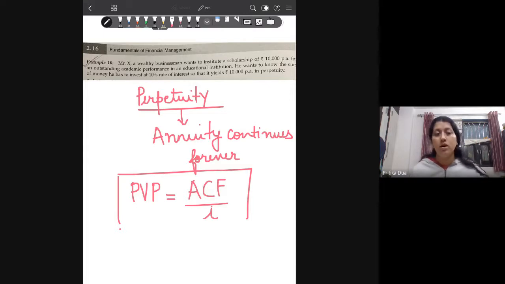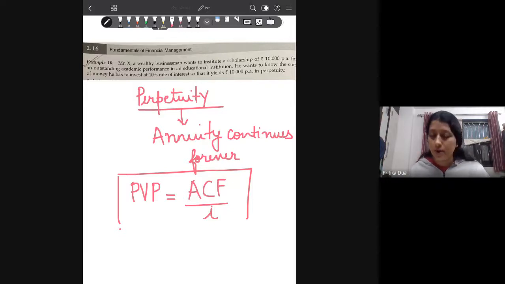So, how is perpetuity used practically? Generally in scholarship-based schemes, a lump sum deposit is made, and then that deposit gives some return annually forever.